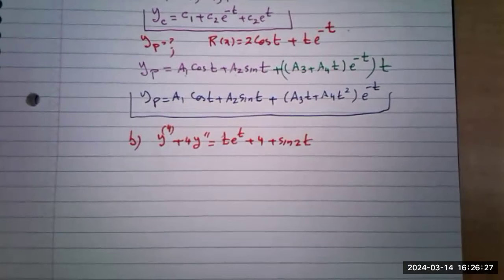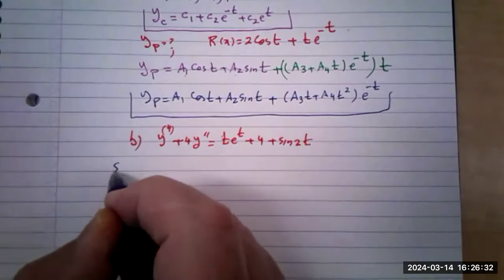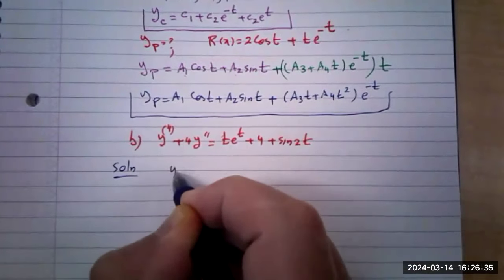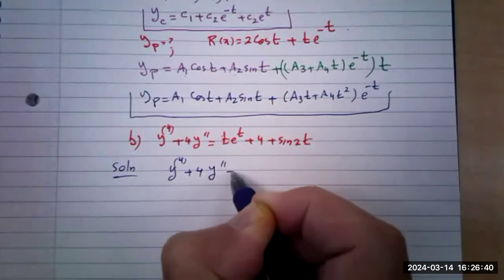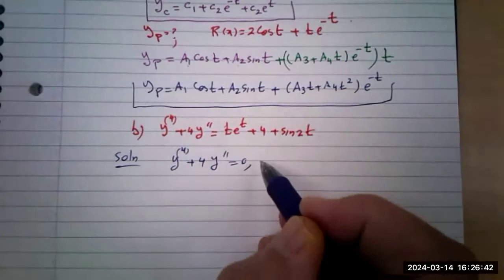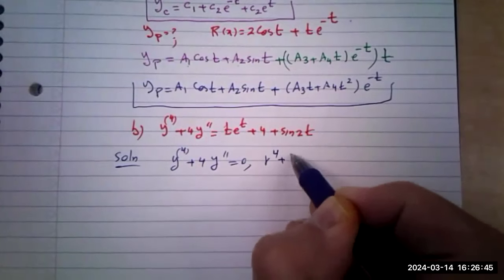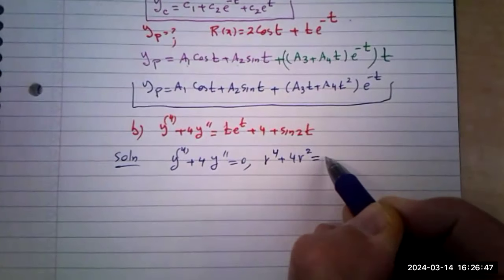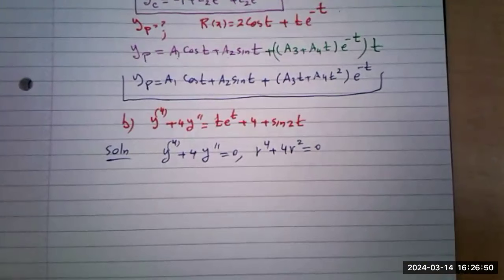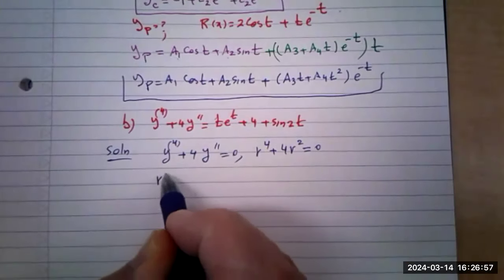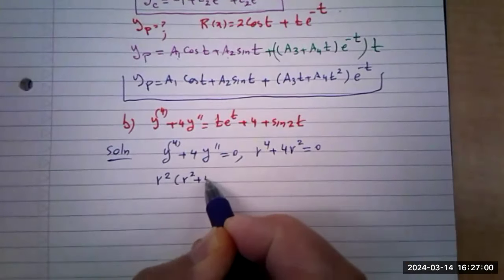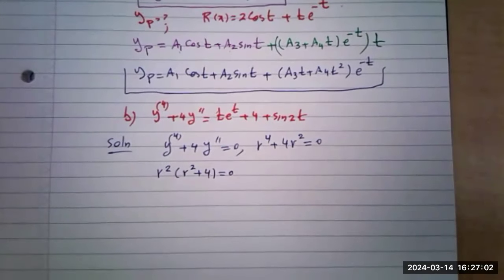Solve the homogeneous one, which in this case is interesting. So the homogeneous one is this one. The characteristic equation will be r to the fourth power plus 4r squared equals 0. To solve it, you pull out the r squared. The leftover is r squared plus 4 equals 0.